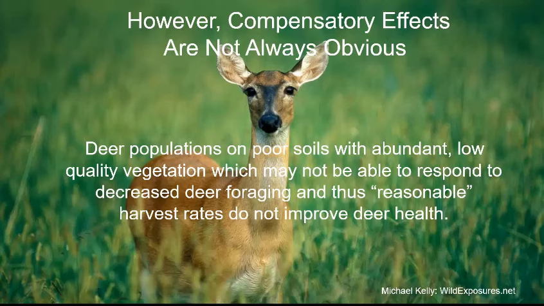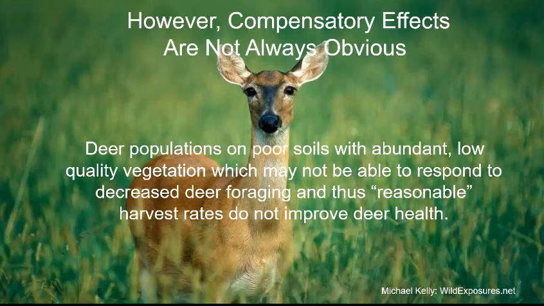Deer populations on really poor quality soils, and by poor quality soils, I'm talking about soils that are relatively sandy and do not hold a lot of nutrients in them, and they don't hold the water when it rains. The rain percolates through it, and the soils dry out quickly after a rain event, and there's not many nutrients in the soil, so the plants can't really grow very well in response to that rainfall.